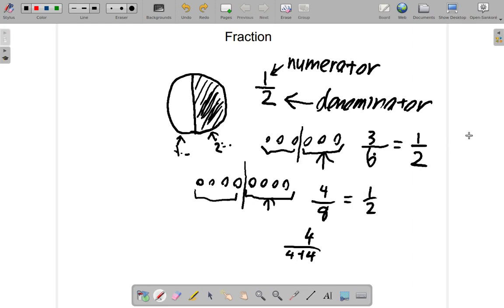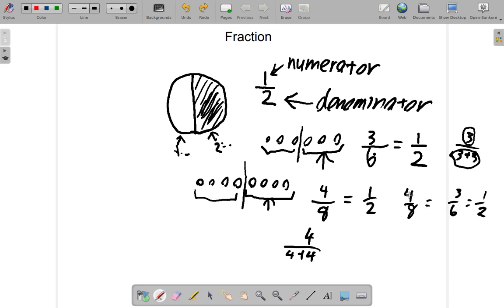Just like in this case, I could have 1 3 up here and then 2 3s down here to represent the 6. I have 1 3 out of 2 3s, so I have 1 out of 2. All right, so I can say 4 out of 8 is equal to 3 out of 6 is equal to 1 out of 2.